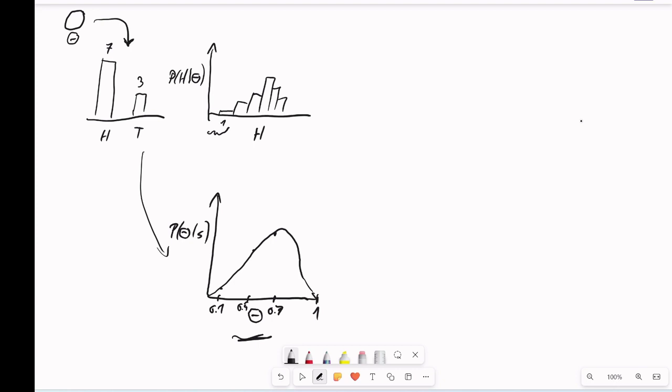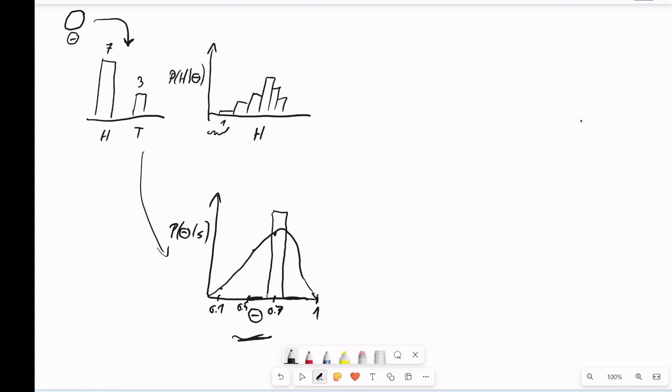I mean, we have observed 7 heads out of 10 flips. Wouldn't it be more appropriate to just draw something like this, to say there's a high probability of the coin parameter being close to 0.7 and 0 probability that it is anything else?